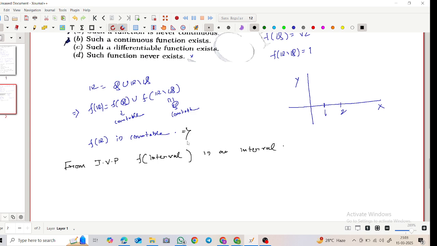So if f of R is countable, it means f of R is not an interval, which is a contradiction. So such a beautiful solution.